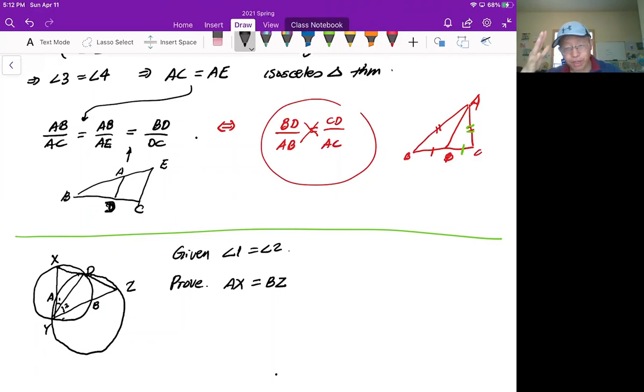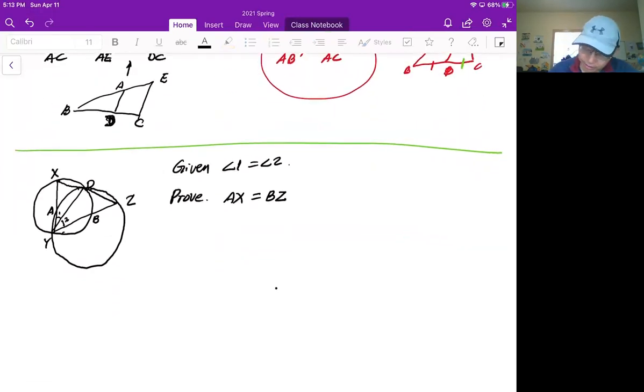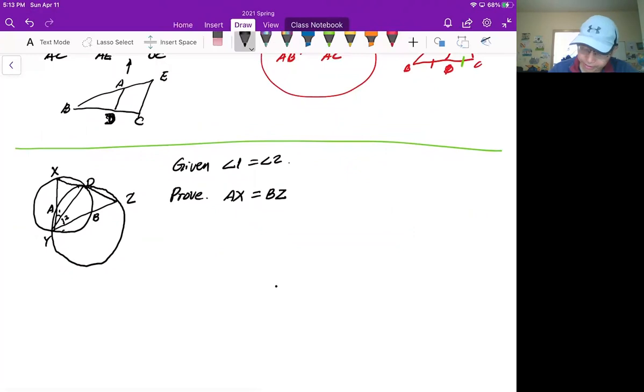First of all, applying the angle bisector theorem. Let me just give you one suggestion for the first step here.